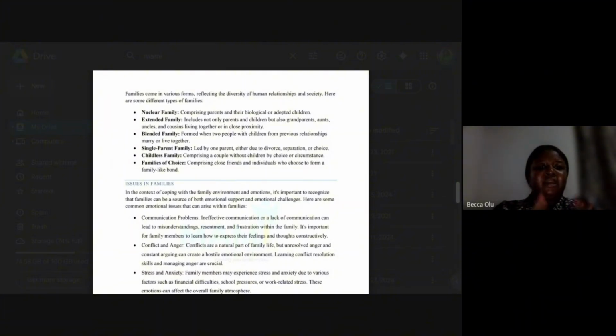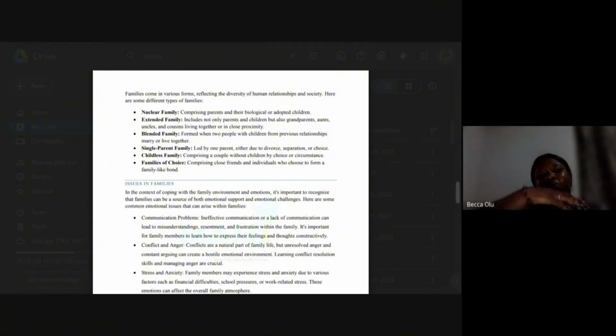You have nuclear family: father, mother, and children, right? It could be biological or adopted children, but as long as it's the parents and the kids, that is nuclear family.